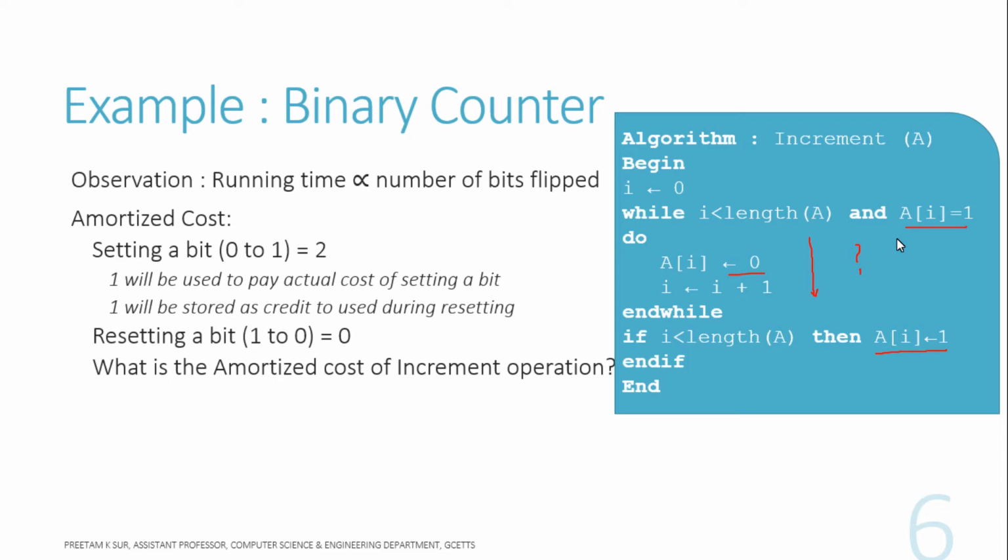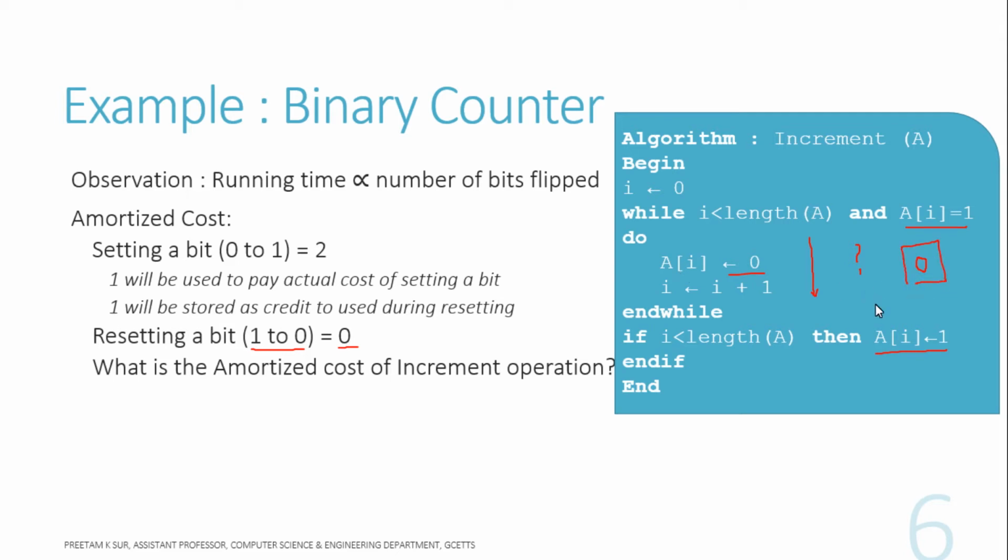Whatever we are doing over here takes 0 amortized cost, because resetting a bit from 1 to 0 takes no amortized cost. So however many times this loop is iterated, it takes 0 amortized cost.